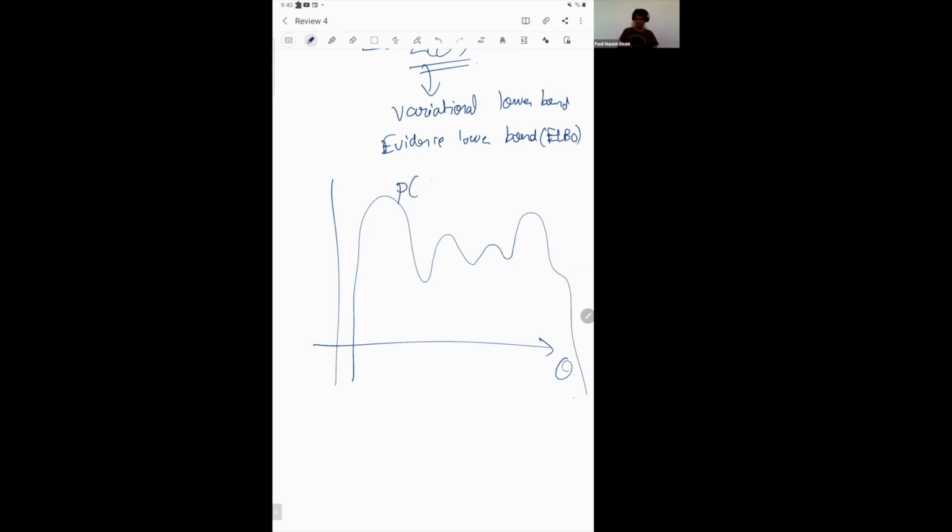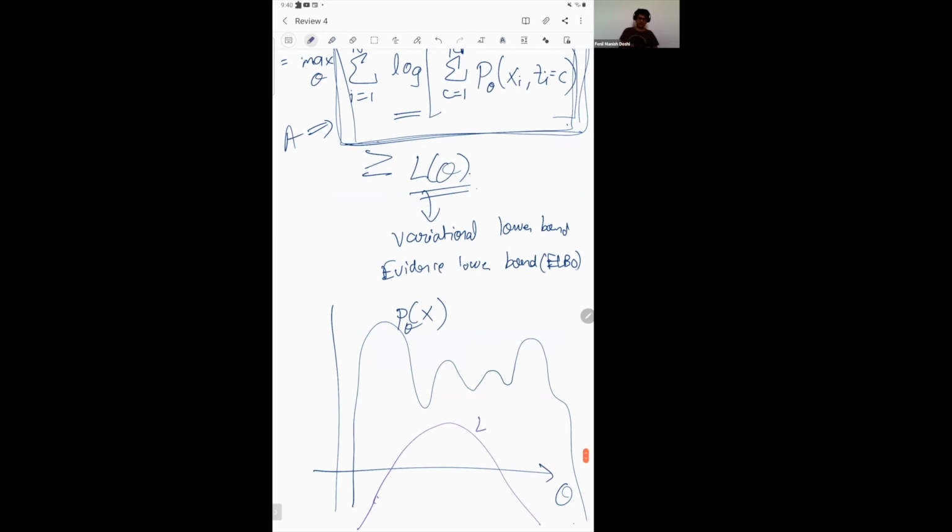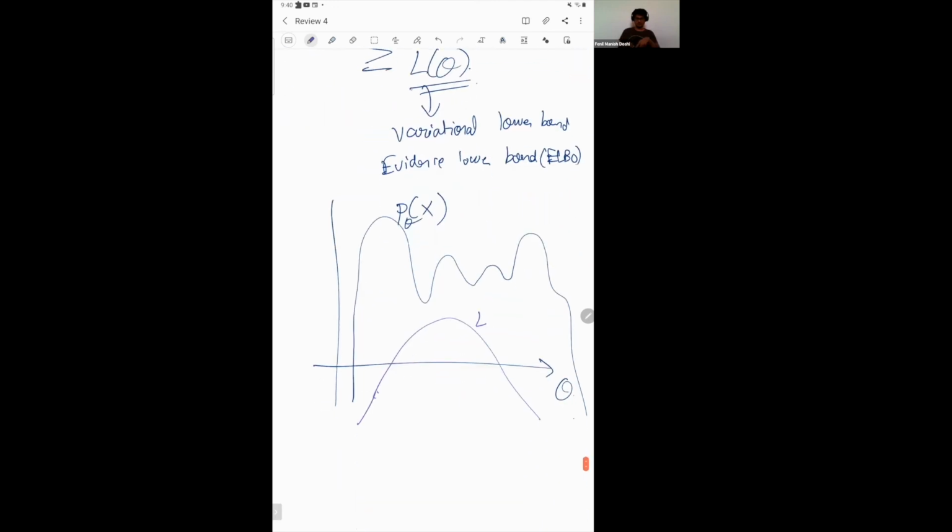This is a function, the thing that we are interested in. Let's say this is our lower bound. For notational convenience, L of theta is our lower bound of P of X parameterized by theta.